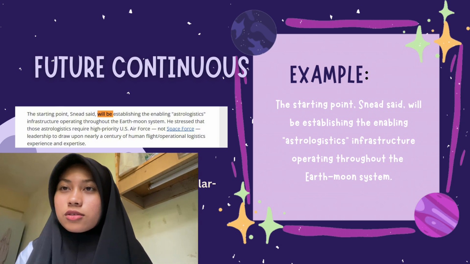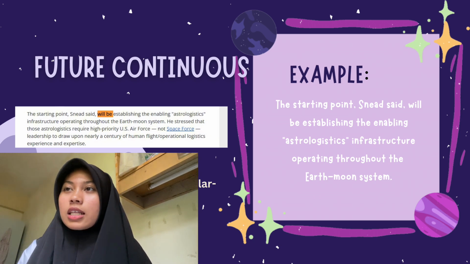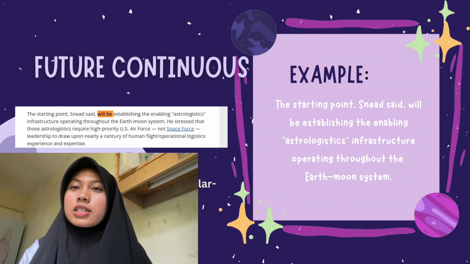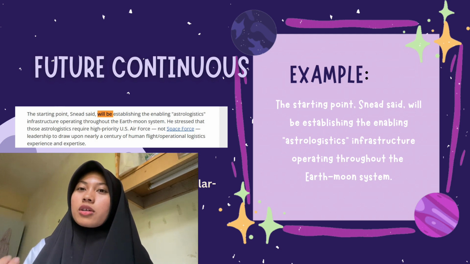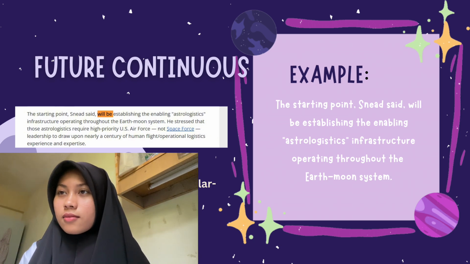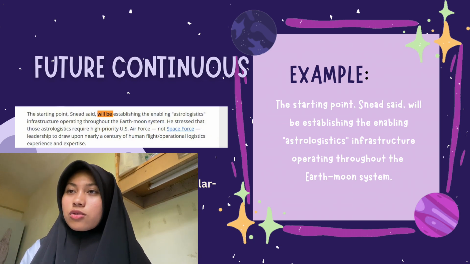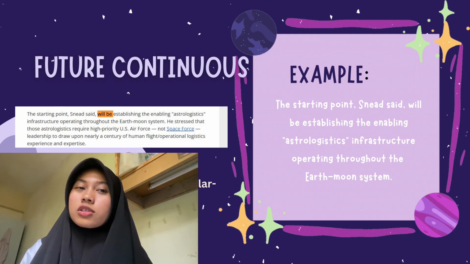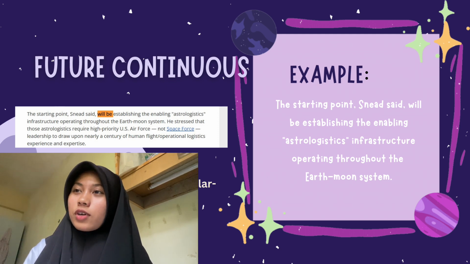Subject. So the subject is the starting point SNET said. What about the object? The object in this sentence is the enabling astrologistic infrastructure operating throughout the Earth-Moon system. So the verb is will be establishing.